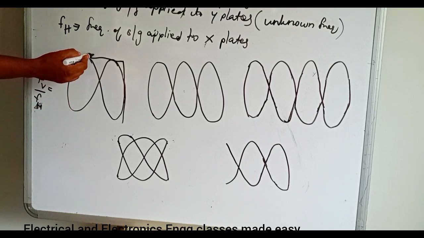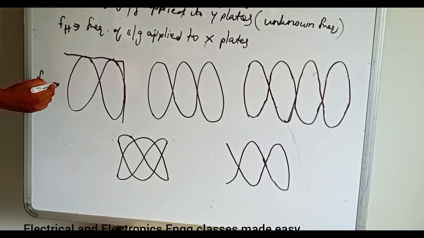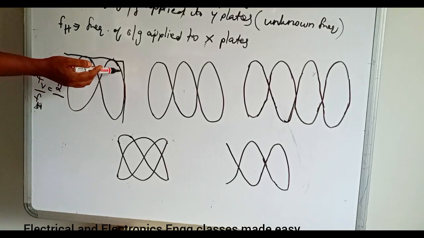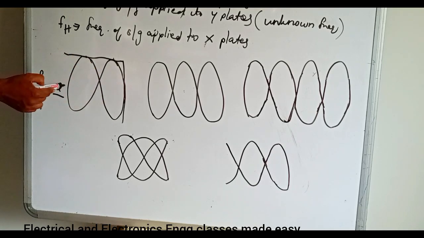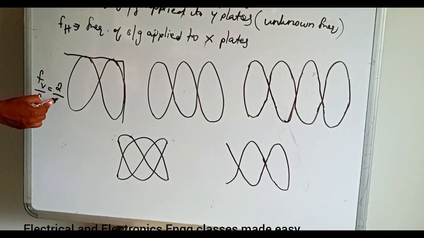The number of tangents touching the upper side is one tangent and another, so 2, divided by the number of tangents touching either side. On this side only 1, so the ratio of the frequencies is 2 divided by 1, or 2 is to 1.